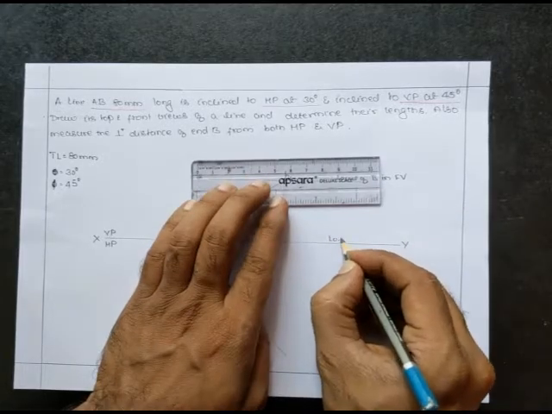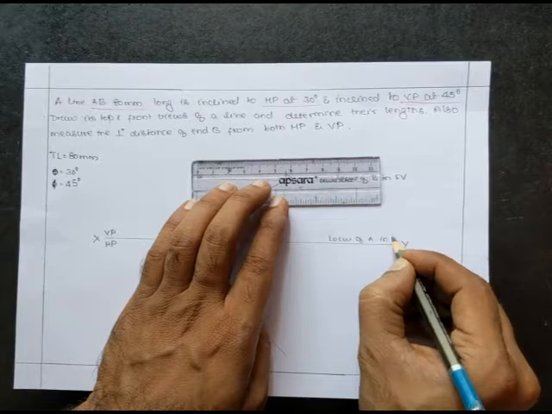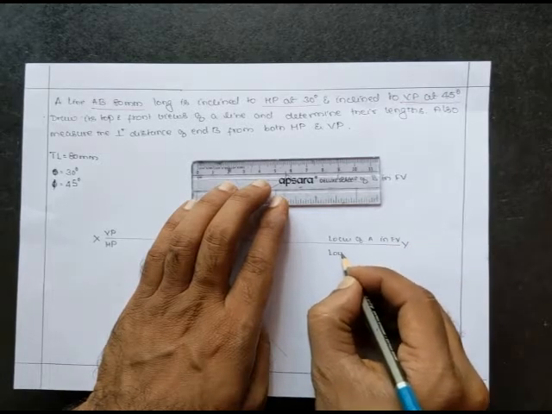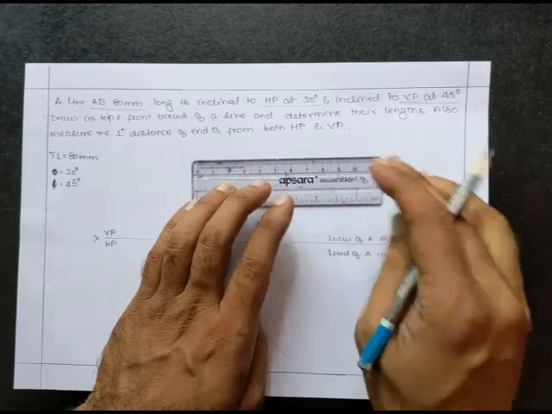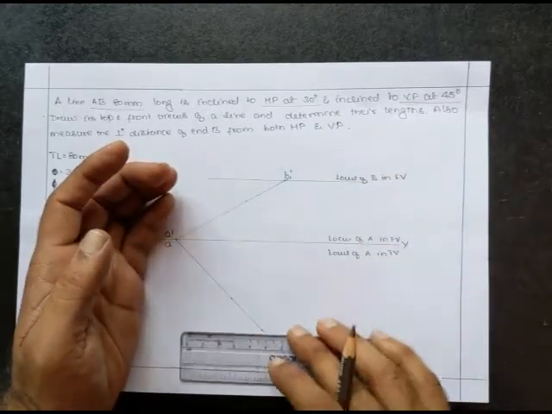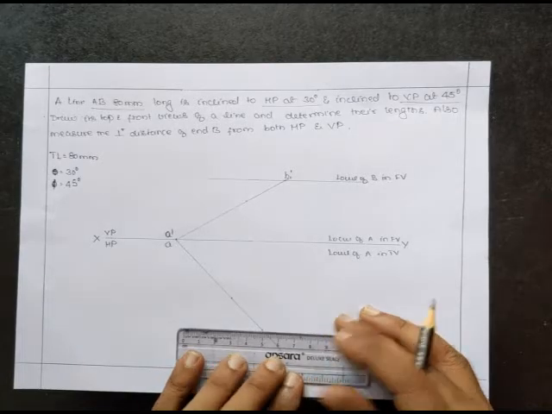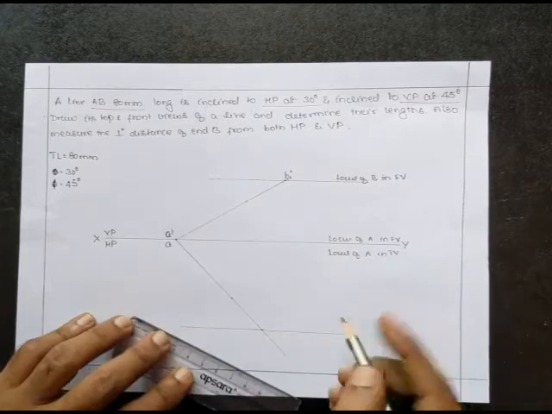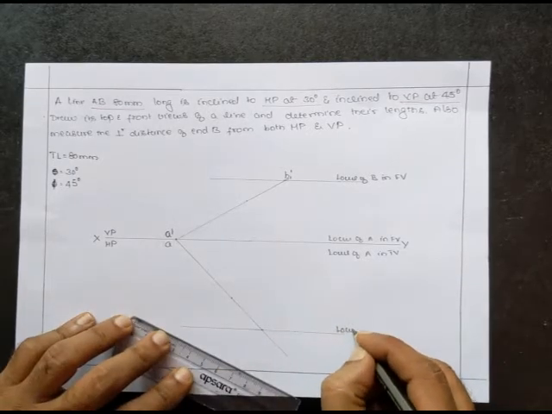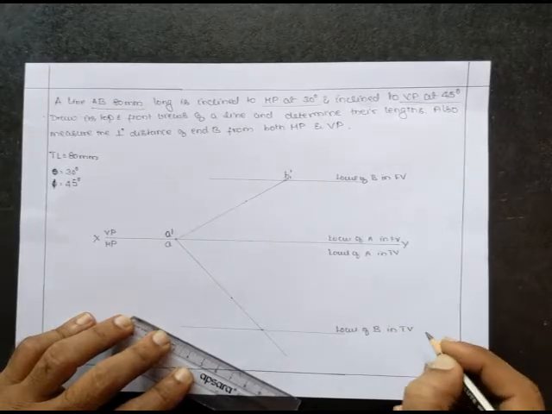The XY line itself is the locus of A in front view as well as the locus of A in top view. Now we have measured the 80 millimeter length, so let me draw a locus here also. So write it here, locus of B in top view.